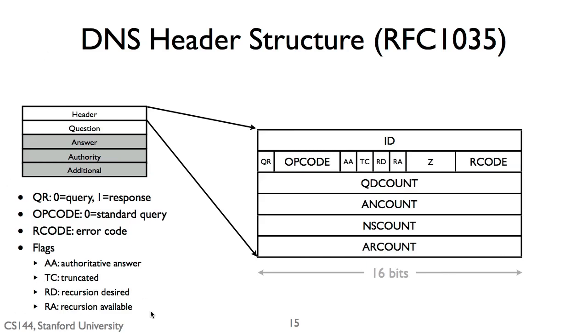So there are ways where you can in fact ask your resolver for a non-recursive query if you want. Then after these first 4 bytes, there are four 2-byte values which say how many resource records there are in each section. So how many queries are there, how many answers are there, how many authorities are there, and how many additional records are there.